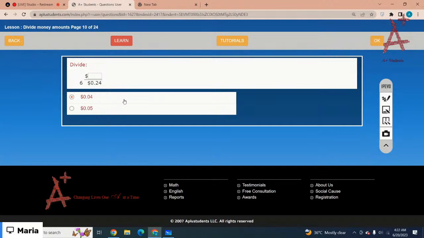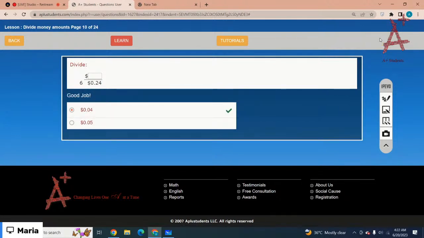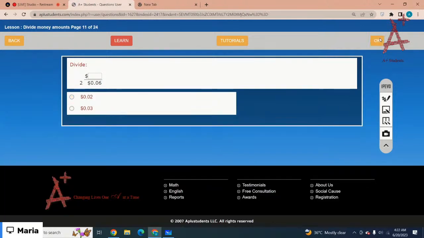So 6 times what number is 24? You have to count the table of 6 until 6 times 4 makes 24. Got it? So you have two decimal places right after the decimal, so it would be 0.04. The correct option is 0.04. Got it?